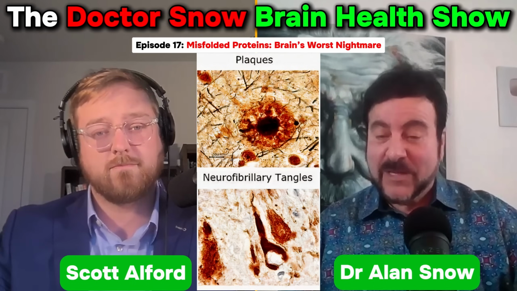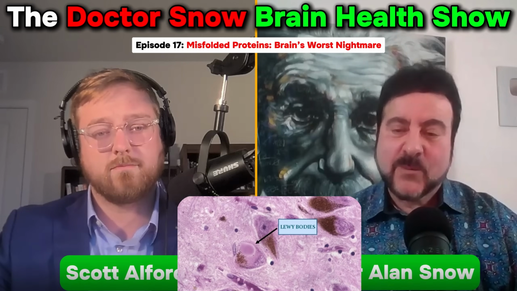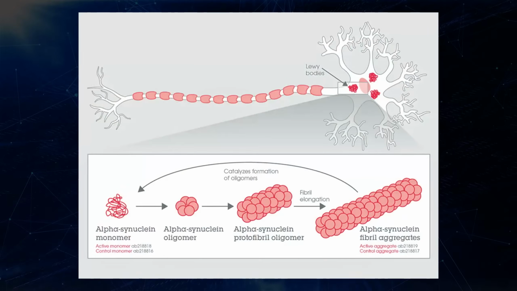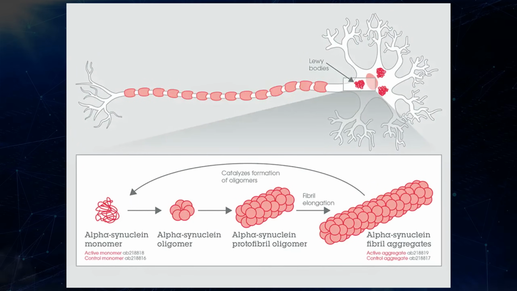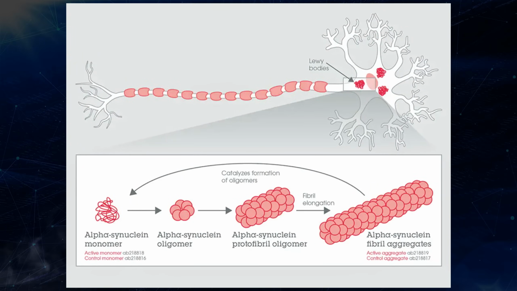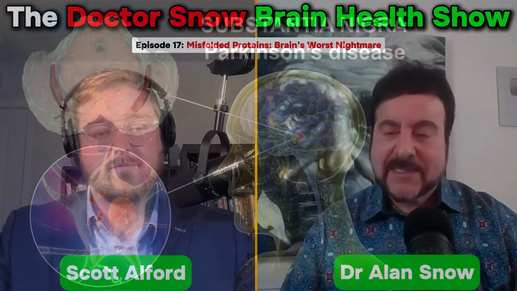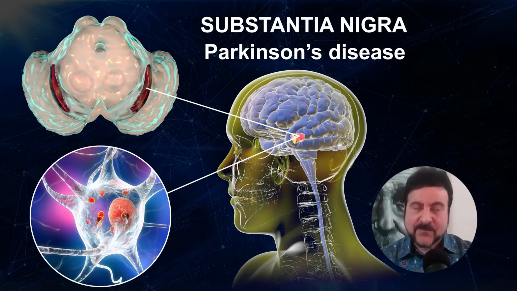So you get a crossover. You can have plaques and tangles and Lewy bodies in a Parkinson's patient. So Lewy bodies consist of a different protein called alpha-synuclein. And just like tangles, it's inside neurons, but it's in a different area of the brain. It's in the substantia nigra.